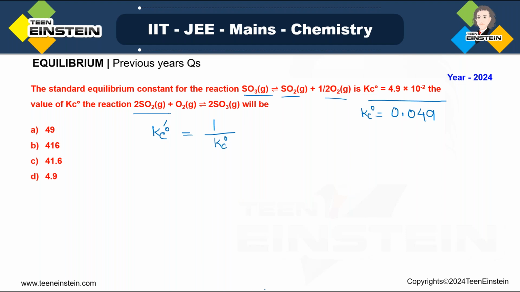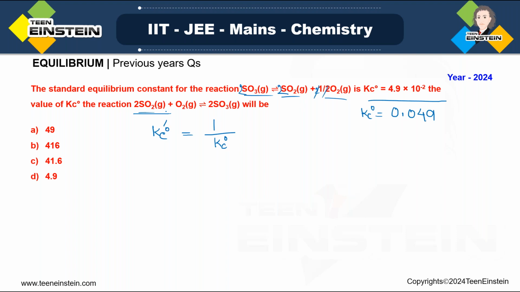And it is not just reversed, there is a difference in the coefficient also. What is the coefficient difference? If you multiply both sides of equation 1, suppose I am multiplying with 2, the 2 will be cancelled. Now see, it has the same coefficient. So there will be a change in the coefficient also.